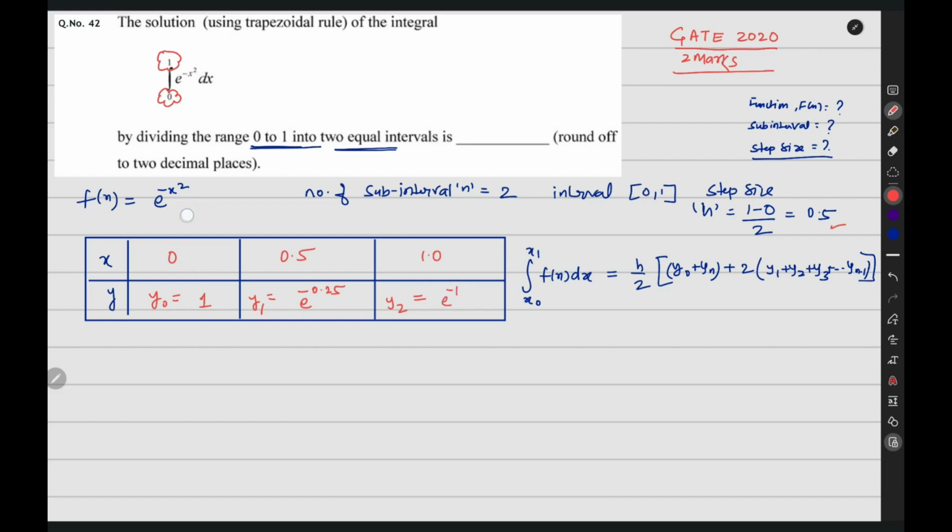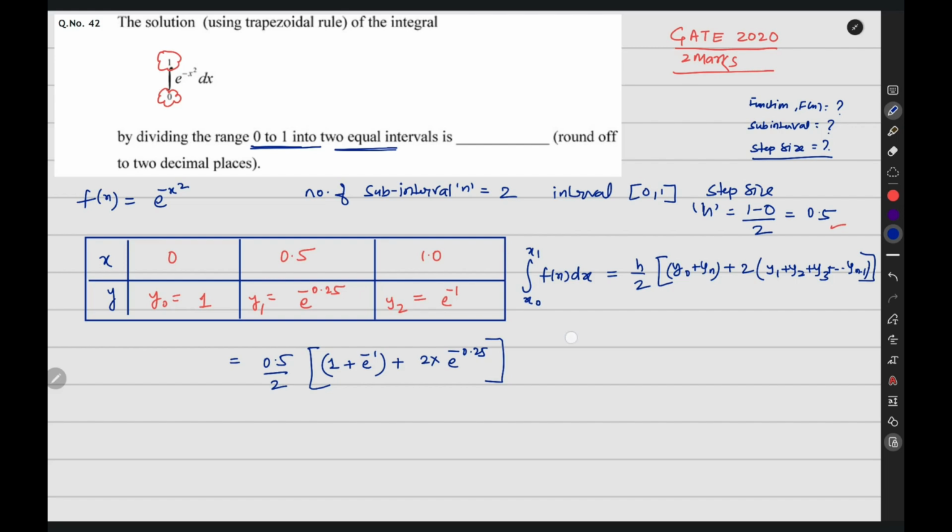we will get, now we will substitute the value equal to the step size, we know, is 0.5 by 2, into the first term 1 plus the last term e to the power minus 1 plus the remaining terms 2 into e to the power minus 0.25.